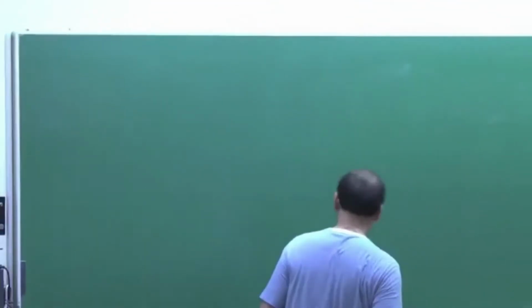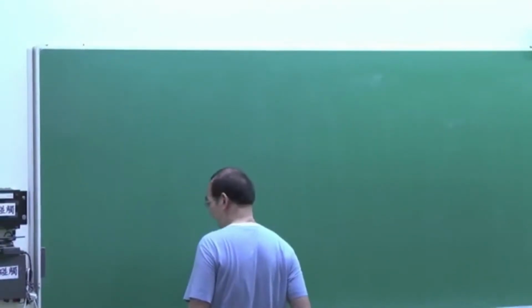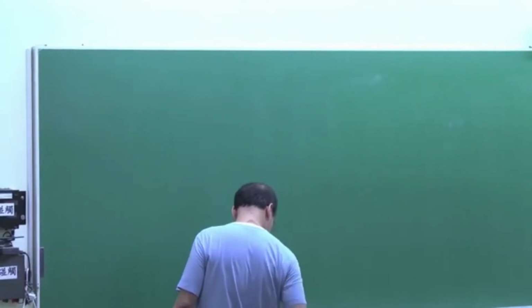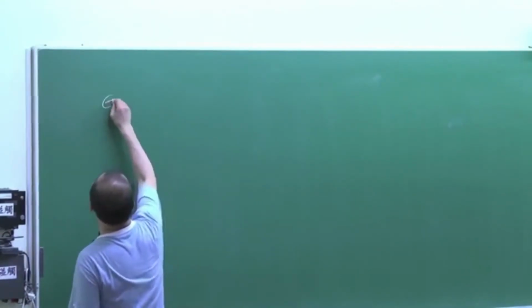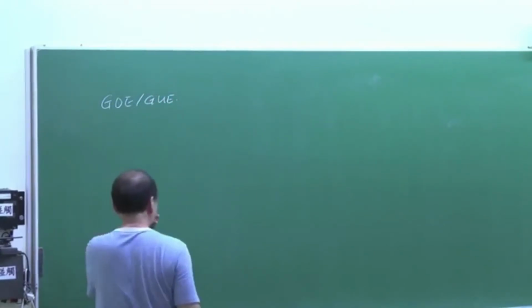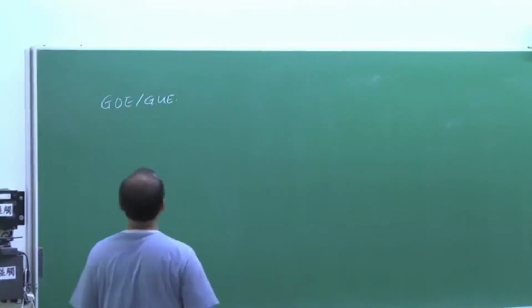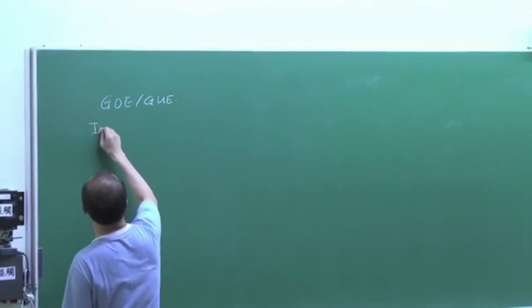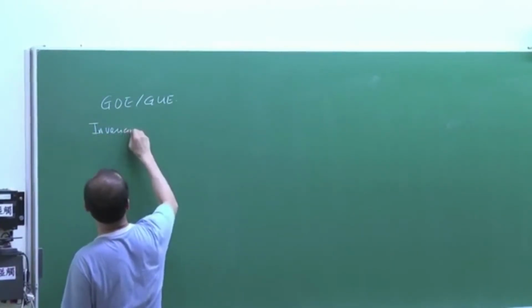All right, so now let's do the Gaussian case calculation. I start with the GOE, GUE calculations. Before I do this, I introduce a class of invariant ensemble.